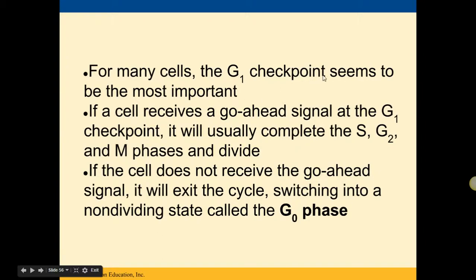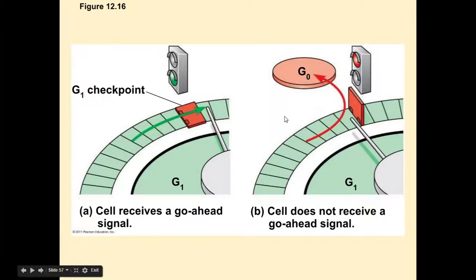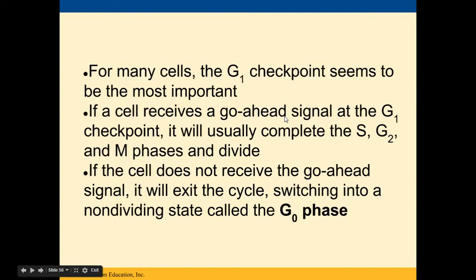There's a G1 checkpoint, and if they get a go-ahead, so it's clear, they'll go on. And then they have S, G2, and M phases. They basically have tons of checkpoints. But if they don't get the go-ahead, they'll exit the cycle and switch into a non-dividing state called the G0 phase, or they have cellular apoptosis. It depends on whether the cell can be saved or not.